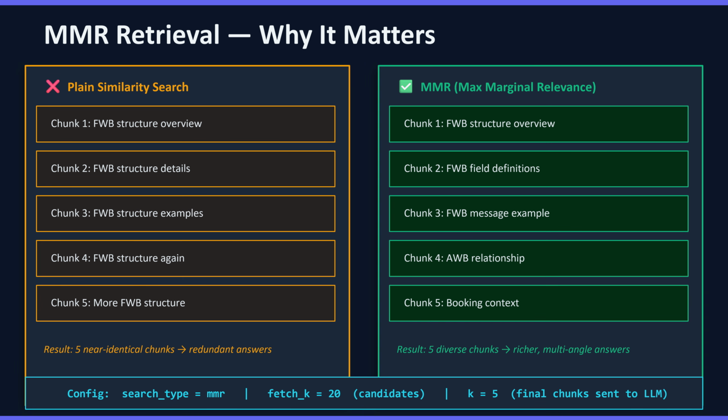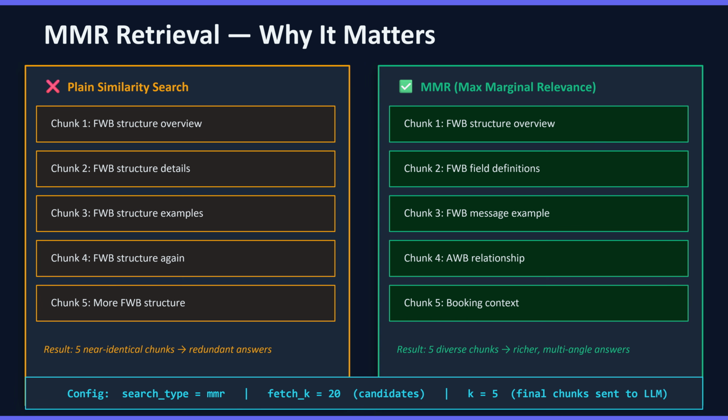This matters more than almost any other configuration choice. A small amount of diversity in your retrieval chunks produces dramatically better answers.